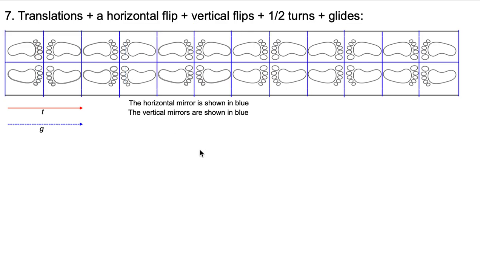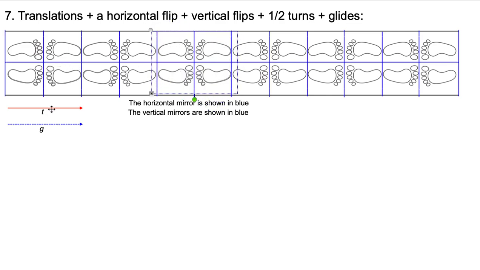But I also want to notice that there's another place where I can rotate. If I look at a set of 4 feet that are toes to toes, and I rotate them around the intersection of the 2 mirrors, they also will land on themselves.